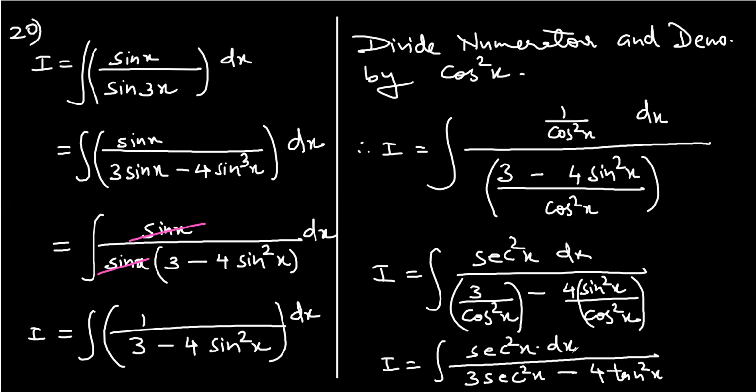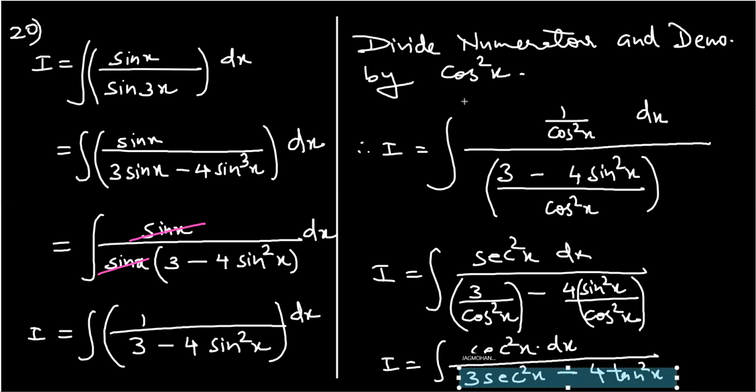So numerator is sec square x dx, always like this. In this type, after you have divided by cos square x, the numerator will always get you sec square x dx. In the denominator, what was the condition? The condition was you should have the complete denominator in terms of tan.